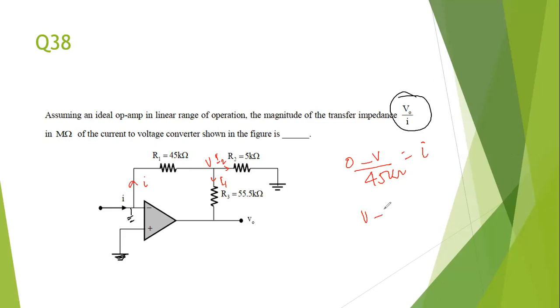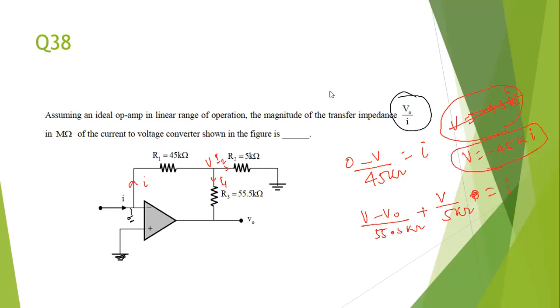So (V minus V naught) by 55.5 kilo ohm plus V by 5 kilo ohm is equal to I. V is replaced: V equals minus 45k times I. Now this V is replaced, and we find the V naught by I ratio.